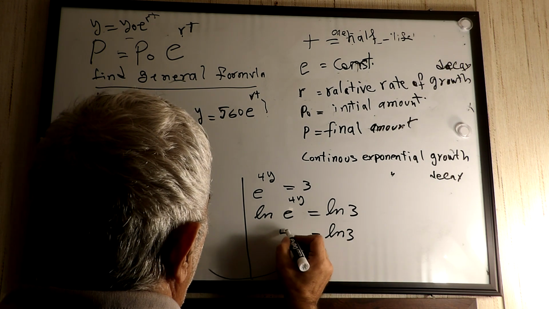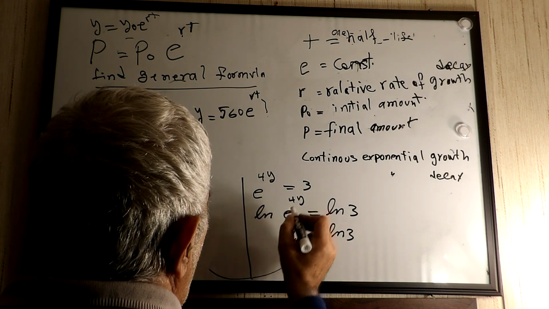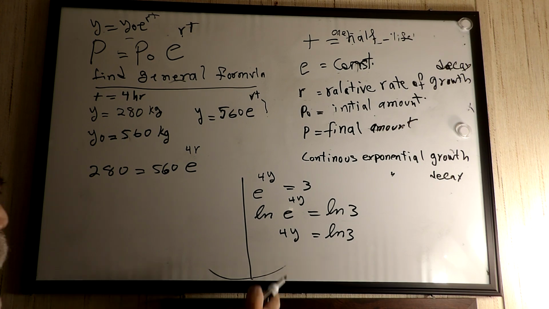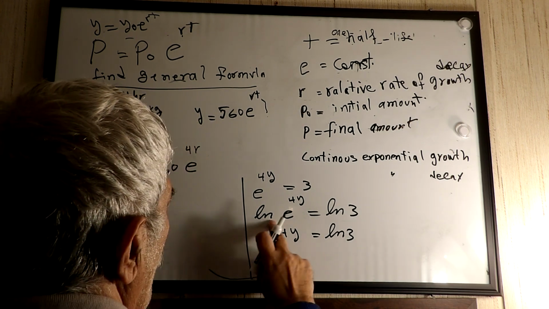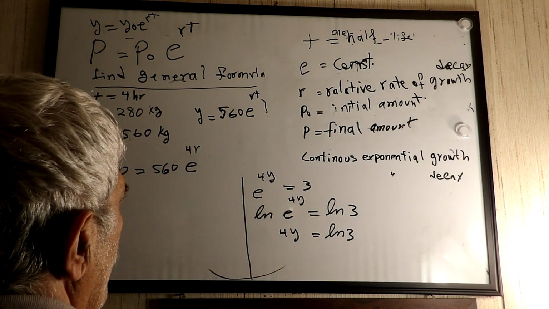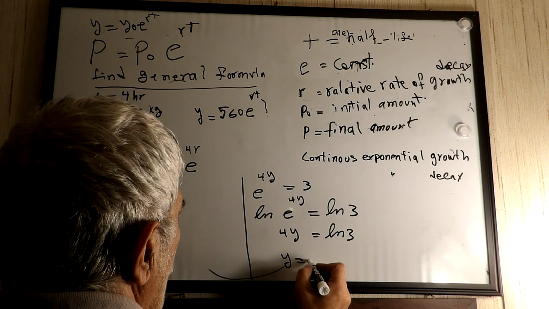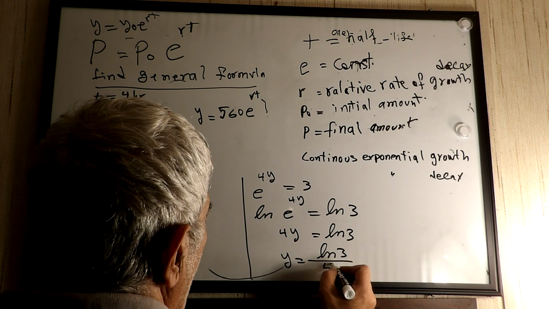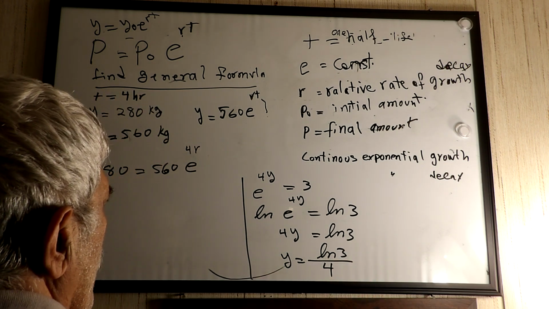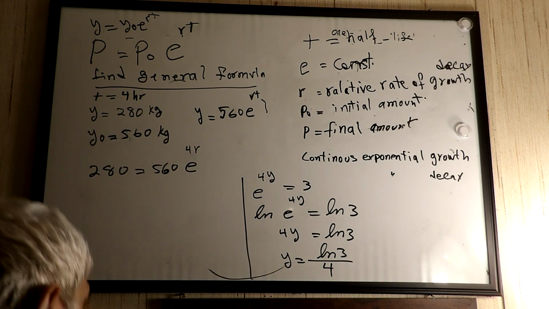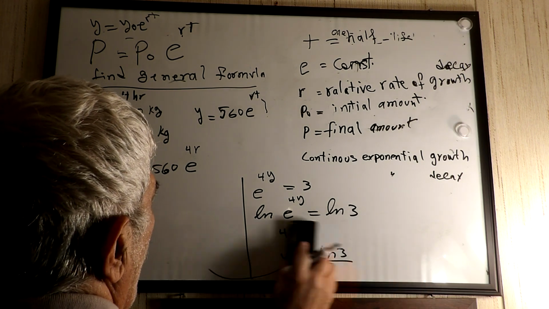This one is going to be 4y, because ln of e to the power of 4y is 4y. You know that, we talked about it earlier. And y is equal to ln 3 divided by 4. This was just an example to see how it works.